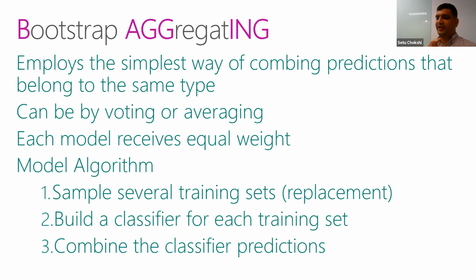Why does each model get equal weight? Because there is no way of determining that one model is better than the other, so the easiest way is to give everybody an equal weight. There are no separate validation sets for each tree.